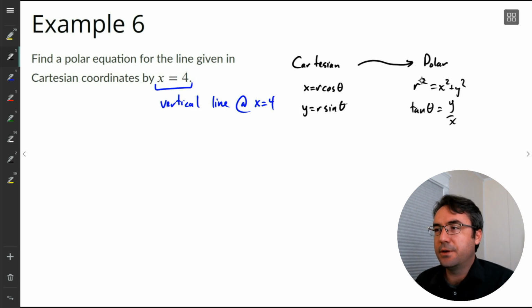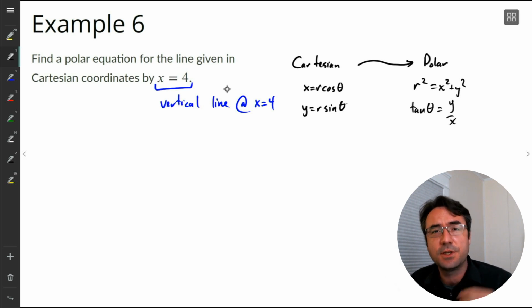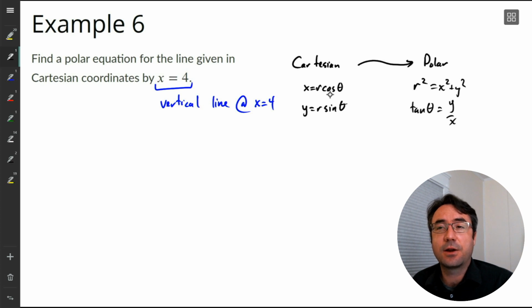So these are all little equations that we can use to help us convert a Cartesian equation into polar coordinates, or the other way around. So let's look at this x equals 4. We know x is r cosine theta, so we can plug that in. Wherever we see an x, change it to r times cosine theta. If we saw y's, we could change a y into r times sine theta.